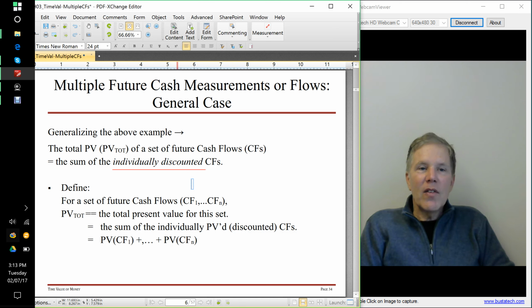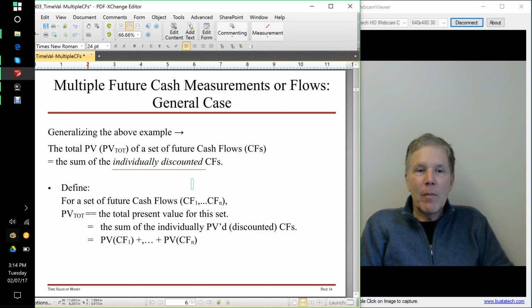So now let's be a little pedantic and say we're defining, for a set of future cash flows, CF1 happening in a year, et cetera, up to CFN happening at time n. We'll say that PV tote is equal to the total present value of this set of cash flows.